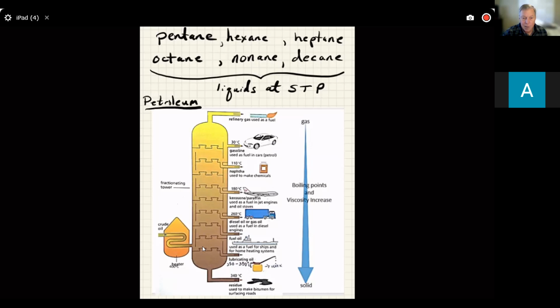So the vapor goes up and it condenses, and then the vapors come around this little thing. This is called a weir, by the way. So every stage gets flooded. This is flooded, this is flooded. So when this column is going, there is a layer of liquid, and hot gases are going up through the liquid.